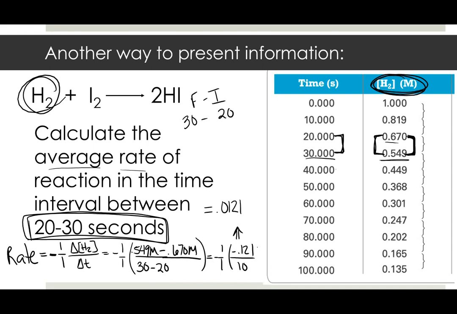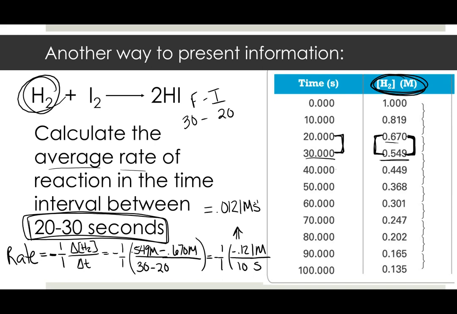And again, our units, we just carry them throughout the whole problem. So you can do molarity over seconds. That's perfectly acceptable. Or you can do molarity seconds to the negative 1. So that is the average rate of this reaction over the interval between 20 and 30 seconds.